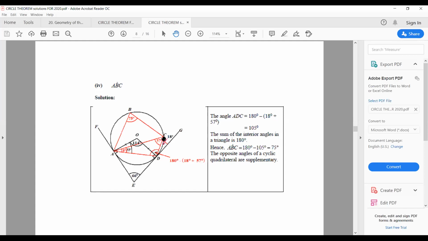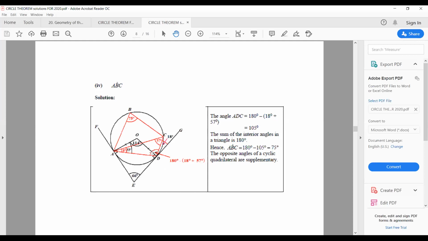This is a triangle being formed, right? This is 18 degrees, and this is 57. And we know that the angles in a triangle add up to 180 degrees. So 57 plus 18 is 75, and 180 take away 75 will give us 105. So that's how we know 105 degrees is here, because it's a triangle.